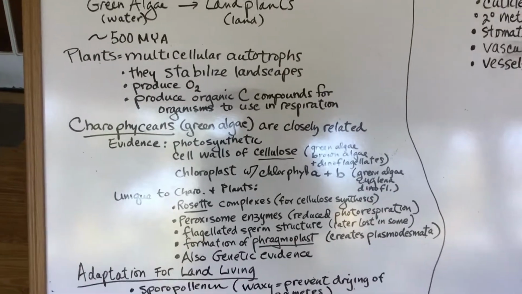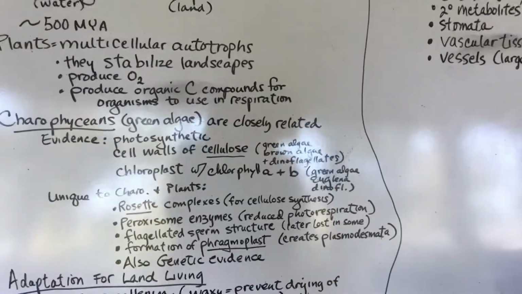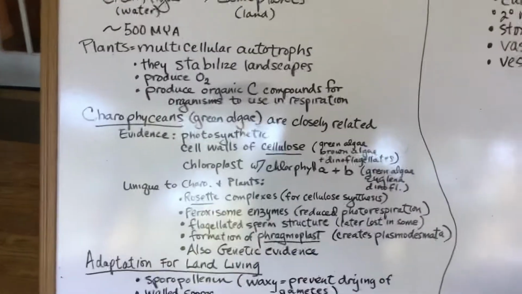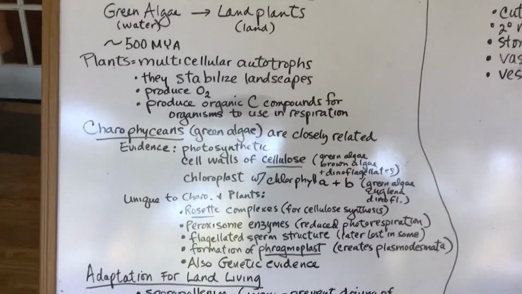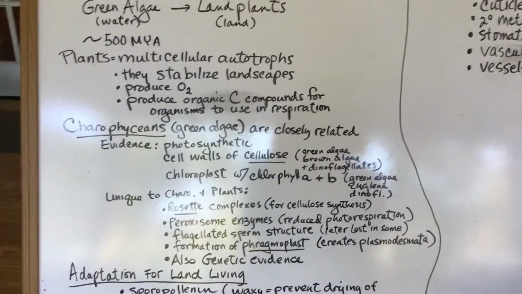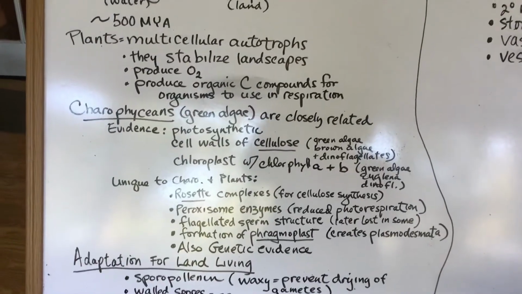Some of them have cell walls of cellulose. Green algae, brown algae, and dinoflagellates have cell walls of cellulose, and some of them have chloroplasts with chlorophyll A and B. The green algae have that, Euglena has that, and dinoflagellates have that.